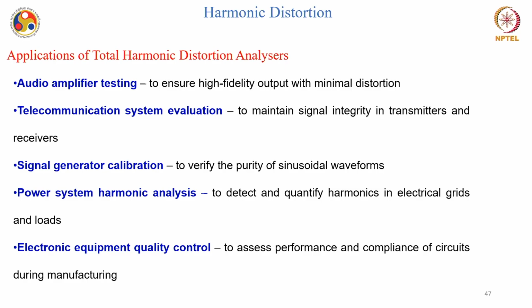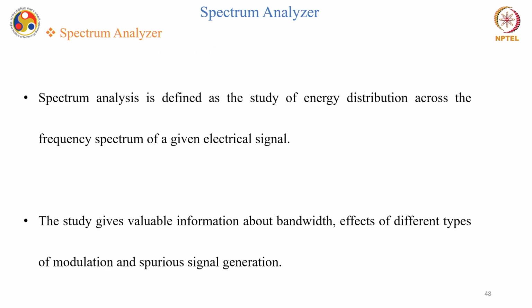In power systems, they are very useful to detect and quantify harmonics in electrical grids and loads. In electronic equipment quality control, they are also very useful to assess performance and compliance of circuits during the manufacturing process. So, this is a little bit about the harmonic distortion analyzers.